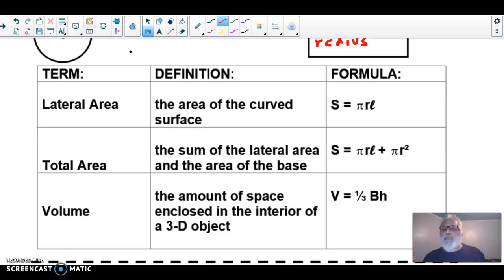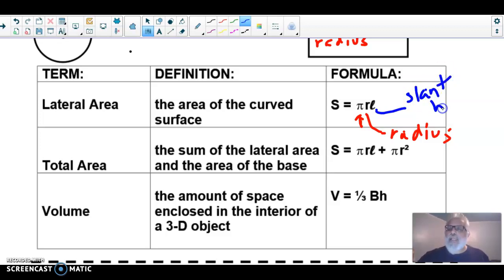So the area of that curved side is going to be pi, which we already know what that is. We're familiar with that. R, that is the radius. And then the L, that's going to be the slant height.